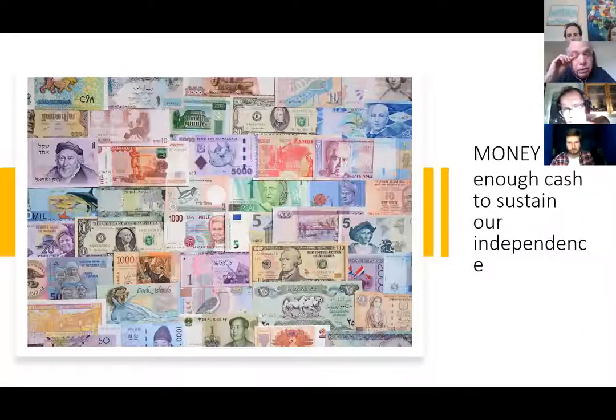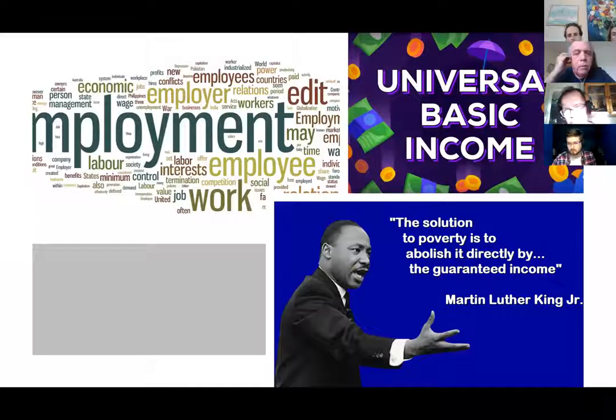The next of the dimensions is money. Enough cash to sustain our independence. And for most of us, I guess the first place to look to get money is through employment.